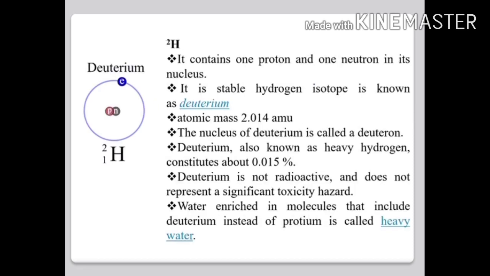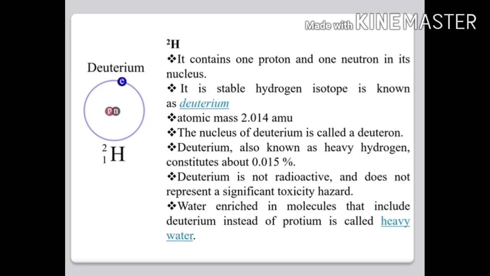Second one, deuterium. Atomic number 1, mass number 2. It contains one proton and one neutron in its nucleus. It is a stable hydrogen isotope that is called deuterium. Atomic mass 2.014 AMU. The nucleus of deuterium is called deuteron.